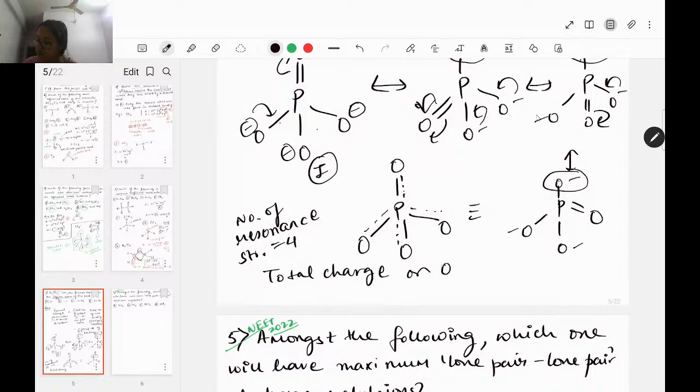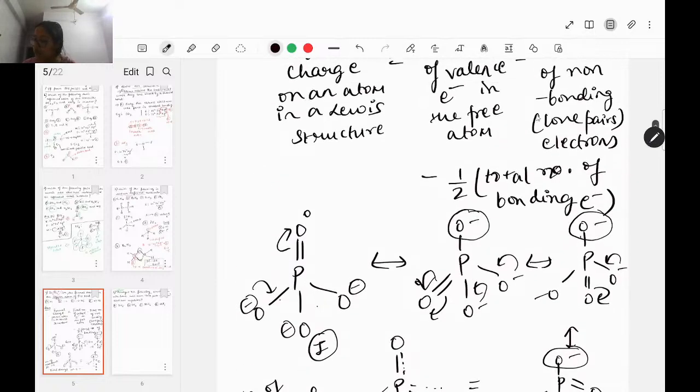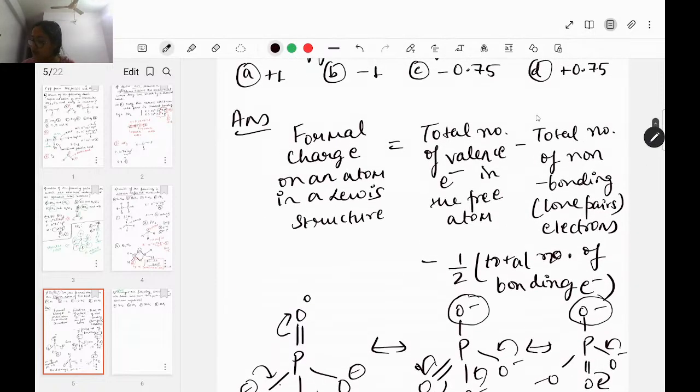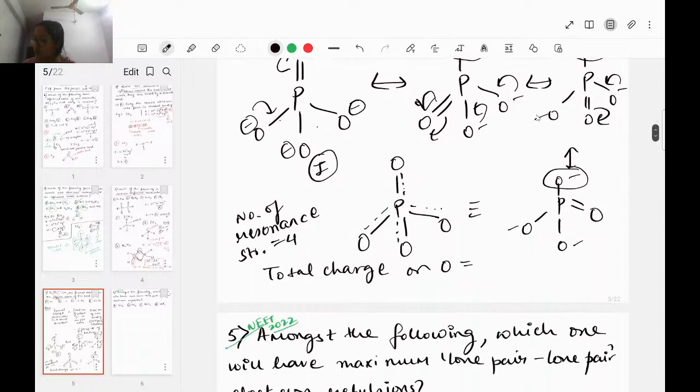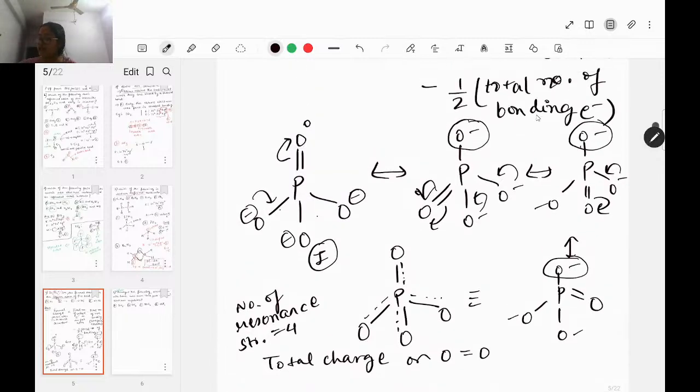Total charge on O is equal to, in the first structure it was 0. So let us add all the charges of the oxygen atom across all the structures. Just get hold of only one particular oxygen atom. In the first structure, we have gotten hold of only this first oxygen atom.